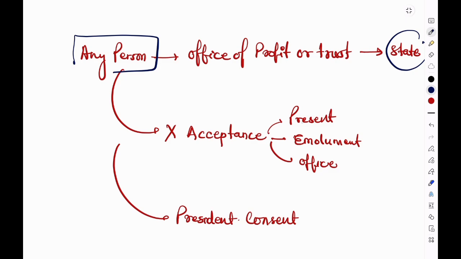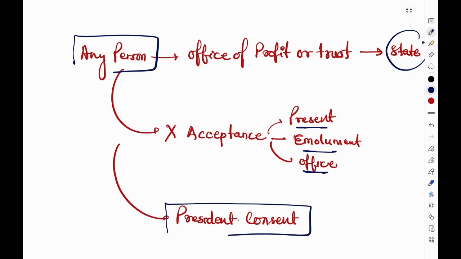So if a person holds any office of profit or trust under the state, then he cannot accept presents, emoluments or offices without the President's prior consent.